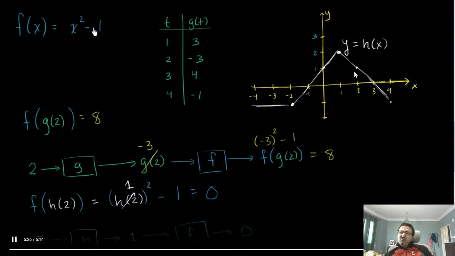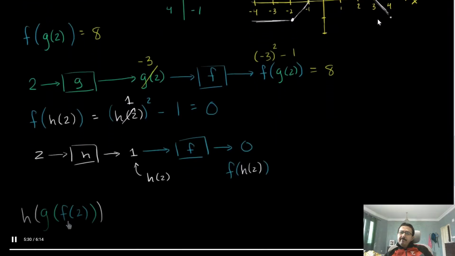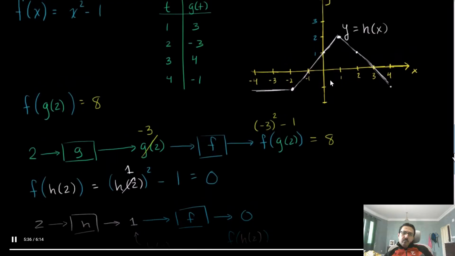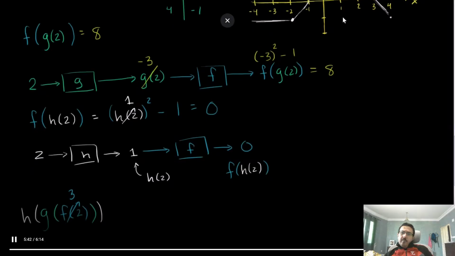It's going to be 4 minus 1, or 3. Now what is g of 3? When t is equal to 3, g of 3 is 4. F of 2 is 3, g of 3 is 4.